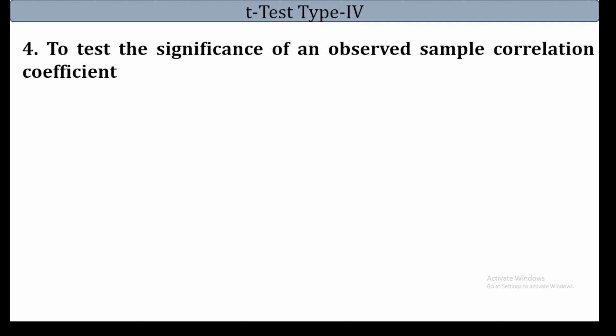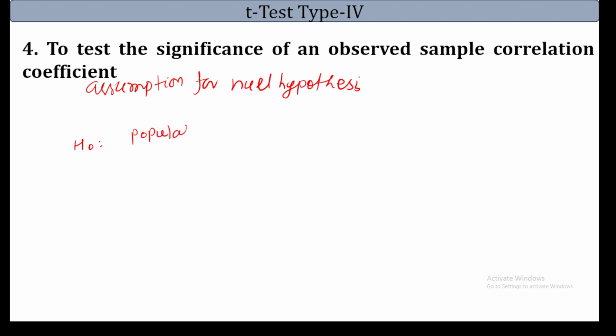Here the assumption for the null hypothesis is H0: the population correlation coefficient rho is equal to 0.